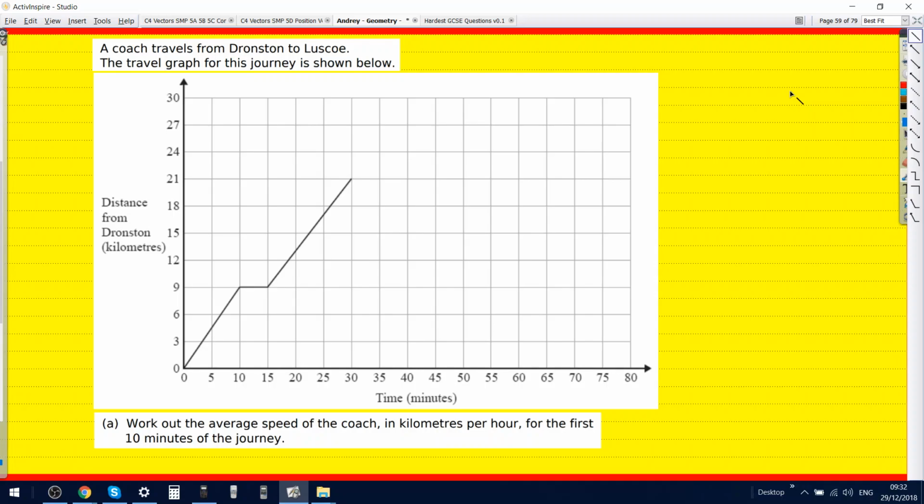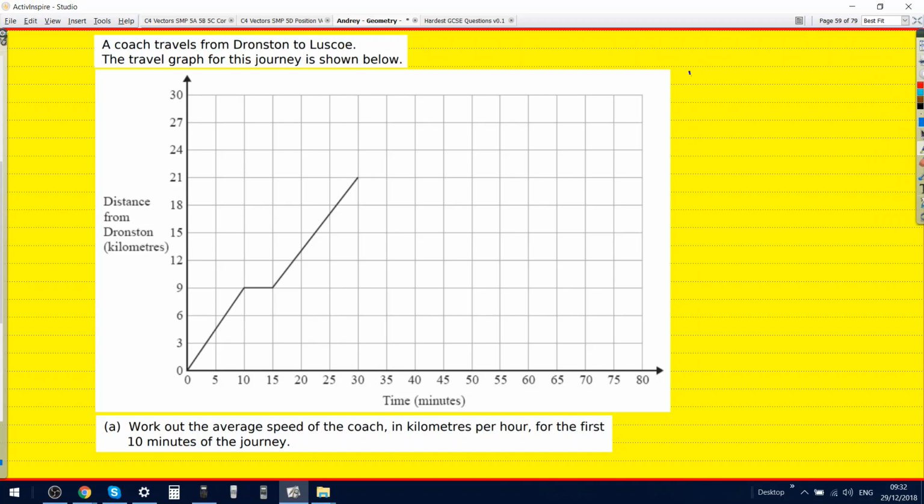So 10 divided by 60, and then that's like 0.6 or something. Let's just say 1/6. And then you just do 9 divided by 1/6.